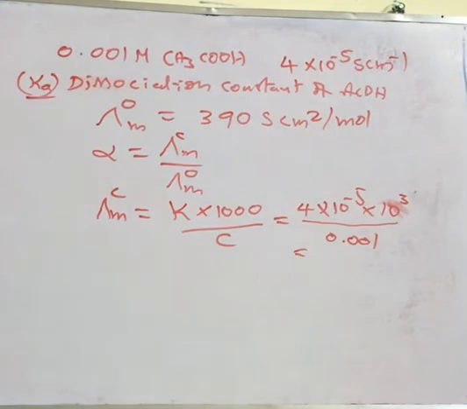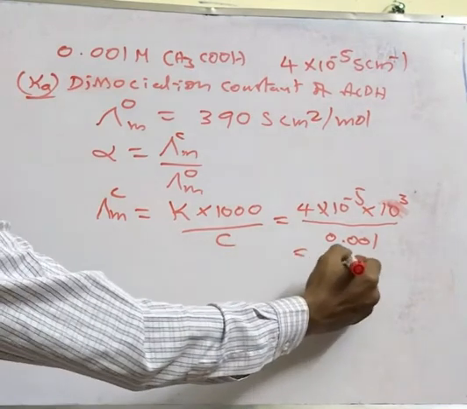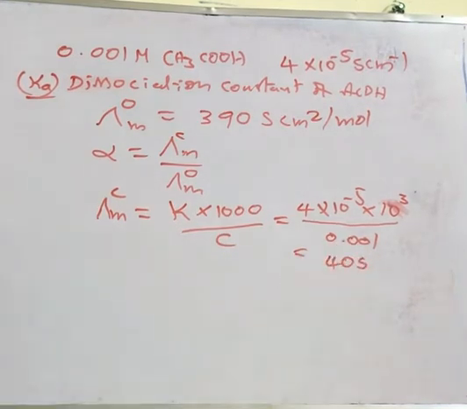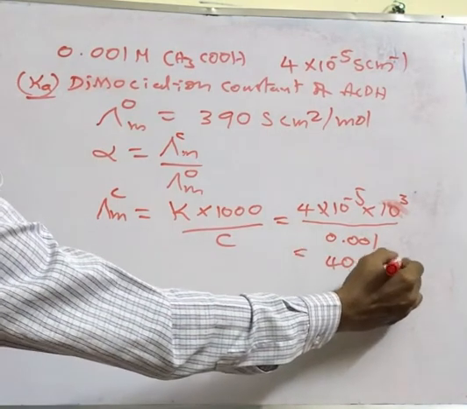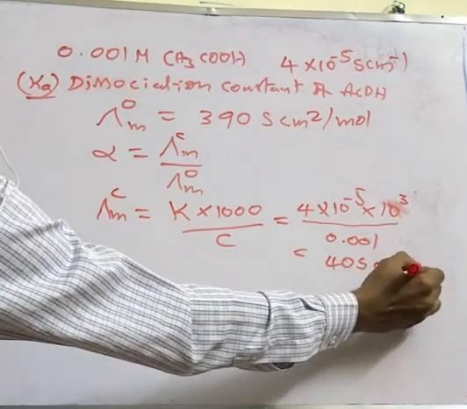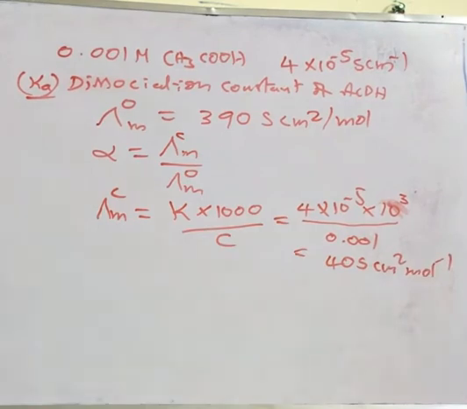So this is the value of K. If you solve that, you will get 40 Siemens centimeter square per mole. Centimeter square per mole inverse. So that is the one you will be getting, 40 centimeter square per mole inverse.